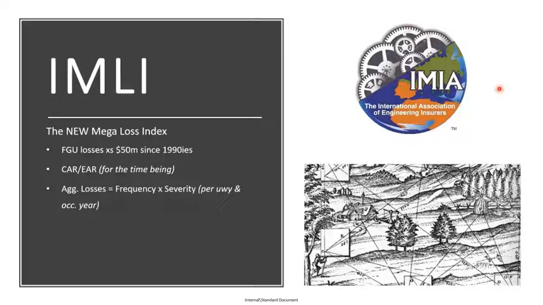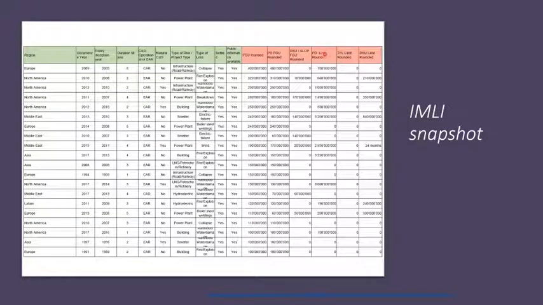These are the criteria, and this would, for example, be an example. I can only show you settled losses, obviously, and they are anonymized and rounded. You only have occurrence, policy inception year and occurrence year. We give a certain type of risk, and the region where they happened; we cannot go further down.